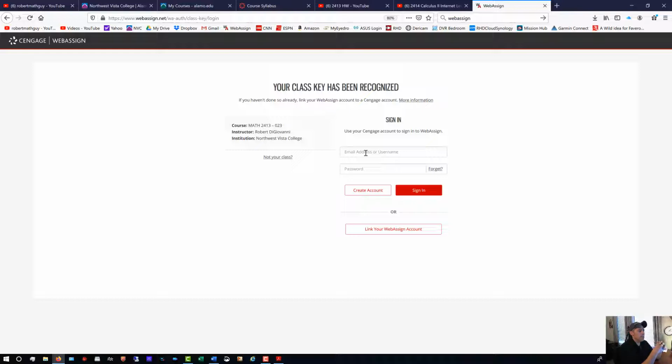Now, once you get in, you will be prompted to purchase access to the website. So basically, at the website, you'll find all your homework. You'll find the EBook, the electronic version of the textbook, which we don't necessarily need, but it's there if you want to read it. And then, like I said, that's where we do our homework.